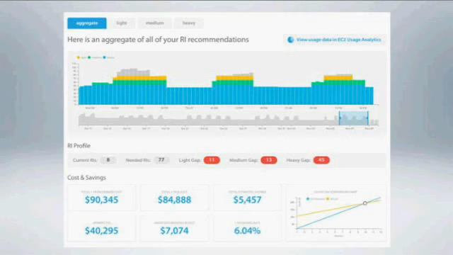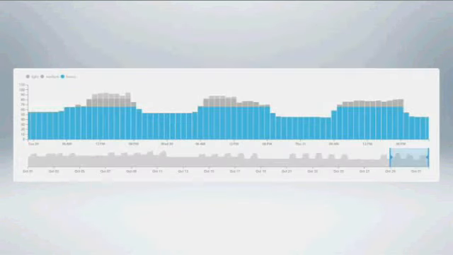If we break this down, we then show how many instances per hour we're running above, let's say, 60% of the time, which would be the break-even for a heavy, hypothetically. But we do the calculation based on the exact break-even point for that instance type and that AZ running that operating system.